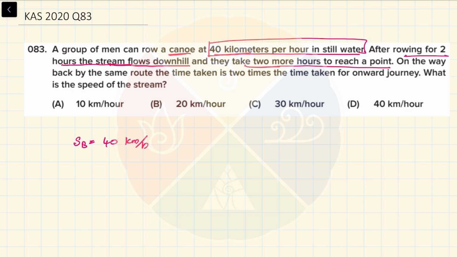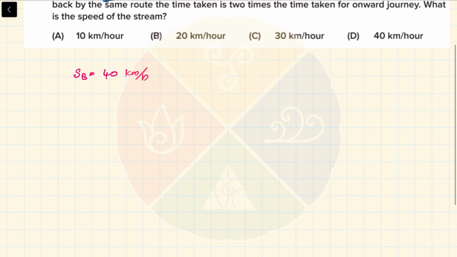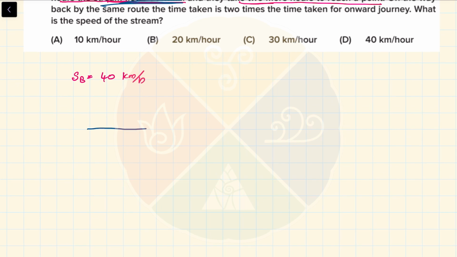Here there is a problem, because they are saying that after rowing for 2 hours, the stream is flowing downhill. That means the stream was straight and not flowing downhill, but then after 2 hours, it started going down. Common sense will say that the water must also be falling down here.